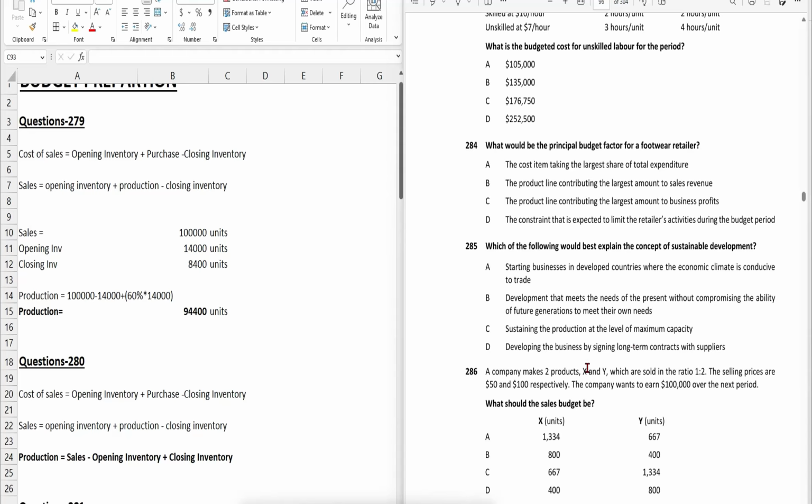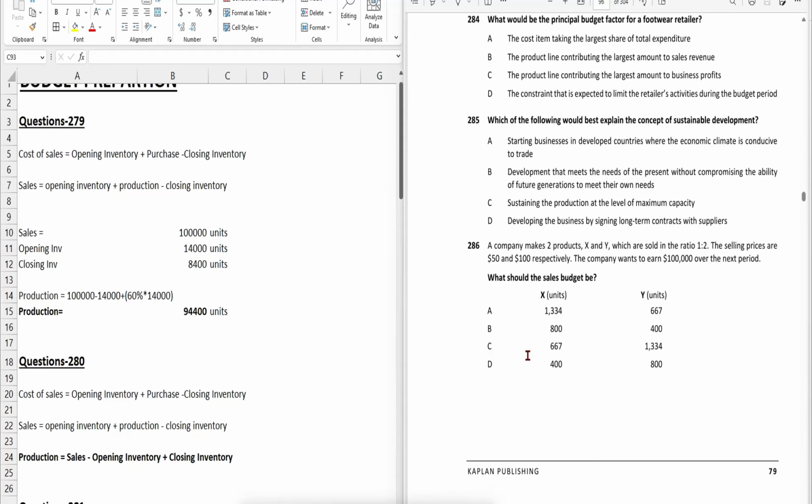Overall, the concept of sustainability is to balance the resources to meet present as well as future needs. And the last one is developing the business by signing a long-term contract with a supplier. Basically it's talking about supply chain management, whereas sustainable development has social, environmental as well as economic aspects, balancing all three, right? So it's also not clearly defining the concept of sustainable development, so it's incorrect.